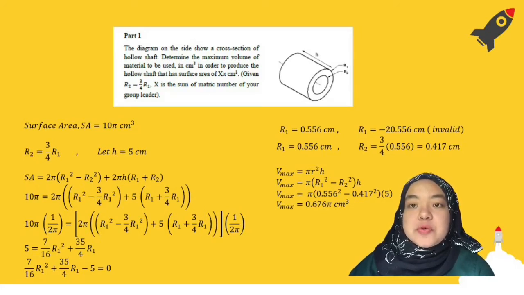We use the surface area formula of a hollow shaft, which is 2 pi (r1 squared minus r2 squared) plus 2 pi h (r1 plus r2). After obtaining the value of radius r, the maximum volume Vmax can be calculated using the formula for volume, pi r squared h. So we got 0.676 pi cm cubed.